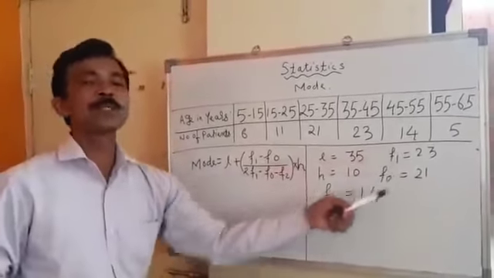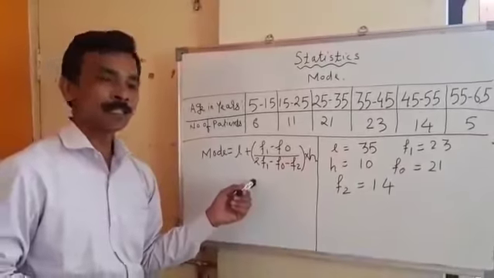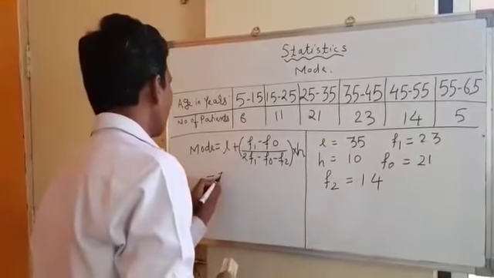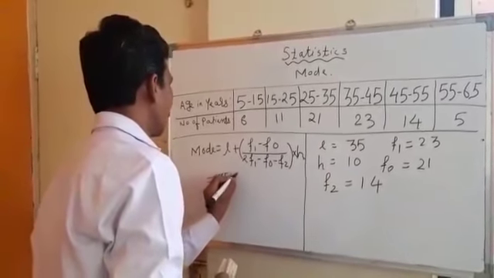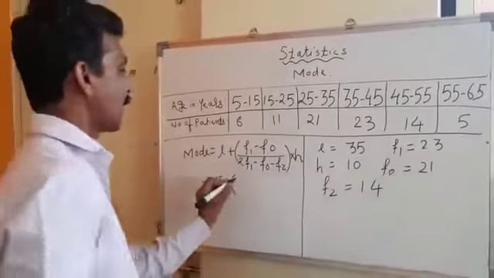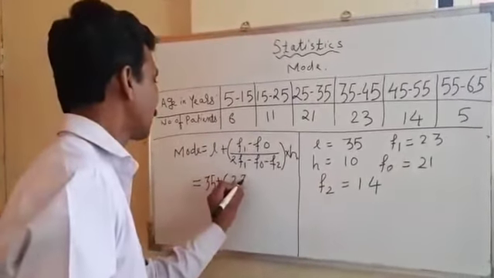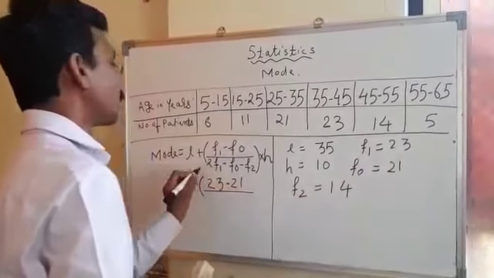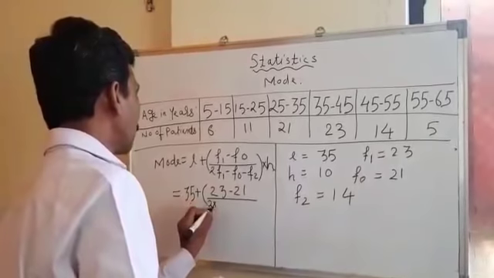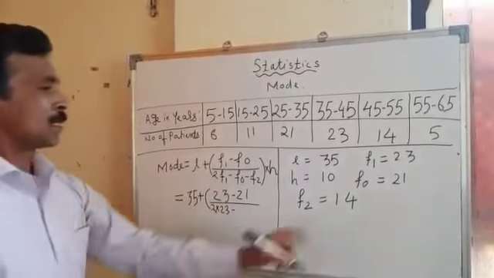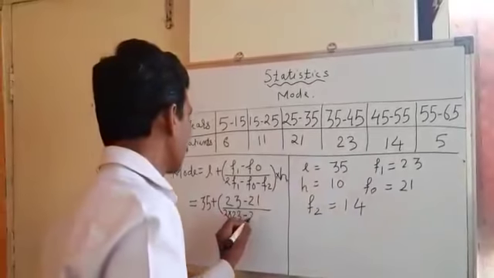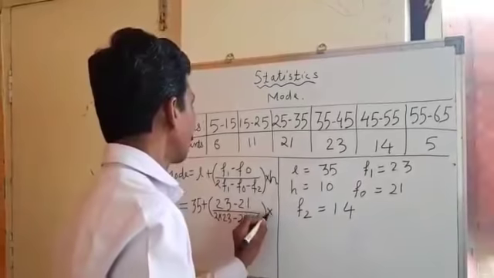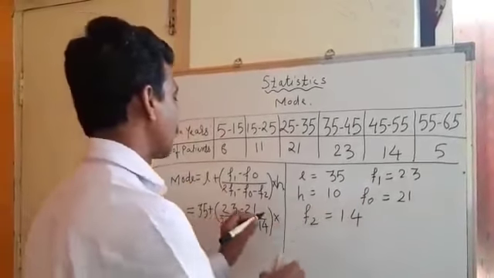Now I'll place these values in this formula. Mode is equal to L, and L is 35, plus F1, we can see F1 as 23, minus F0 is 21, upon 2F1 means 2 into 23, minus F0 which is 21, minus F2 which is 14, into H. H is 10.